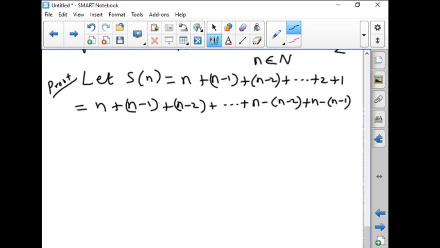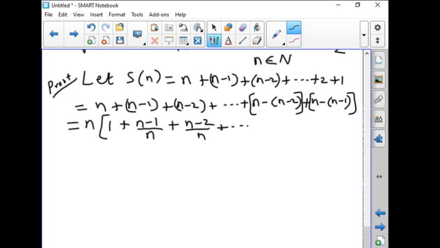Okay, so we have written the last two terms like this. So now from this you take n out. n வெளியில எடுத்துருங்கம்மா. So n when you take it out, இங்க 1 வந்துரும். அடுத்தது என்னது? n minus 1 by n. Next one, n minus 2 by n. Goes on like that.